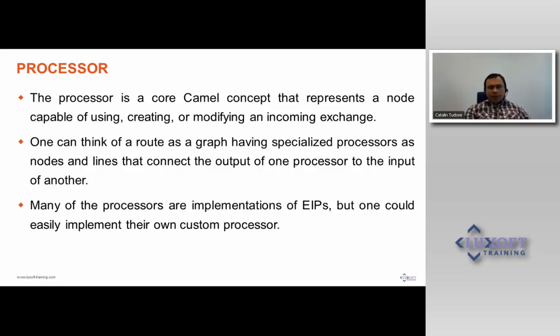I have already discussed imagining the processing like a graph. So let's add one more time that in our KML context, routes correspond to the arcs and processors correspond to the nodes themselves. And in most cases they are implementations of enterprise integration patterns.